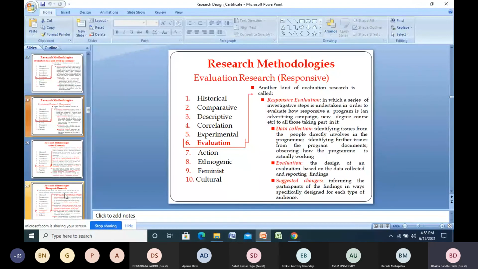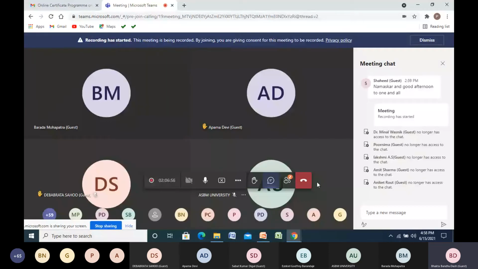What is a system analysis? System analysis means you need to understand the total system, the total context. Because any evaluation tool you are using, any evaluation model you are adopting, may not be adaptable or practicable to that particular situation, that particular context.